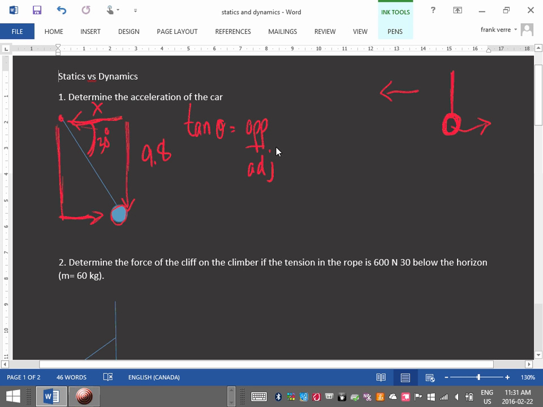How's the red working out? Okay? Red's okay? So that's going to be 9.8 over x. So tan 30 divided by 9.8 is equal to x. So I just flipped x with 9.8. So what do we get for x?